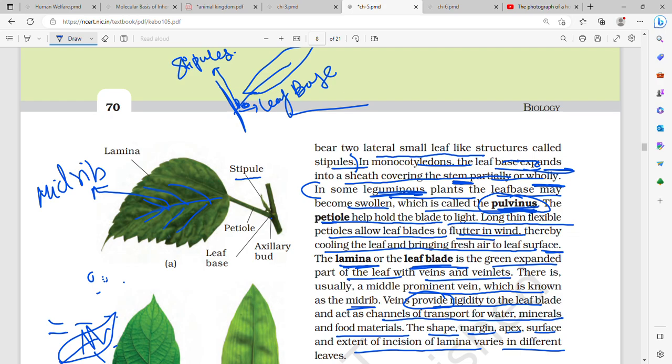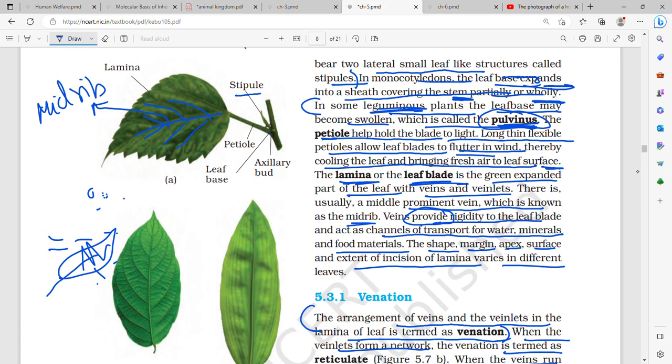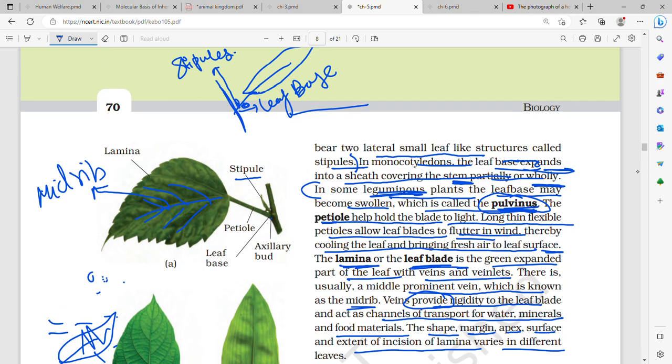In monocotyledons, the leaf base expands into a sheath, and it covers almost the entire portion of the stem, partially or wholly.